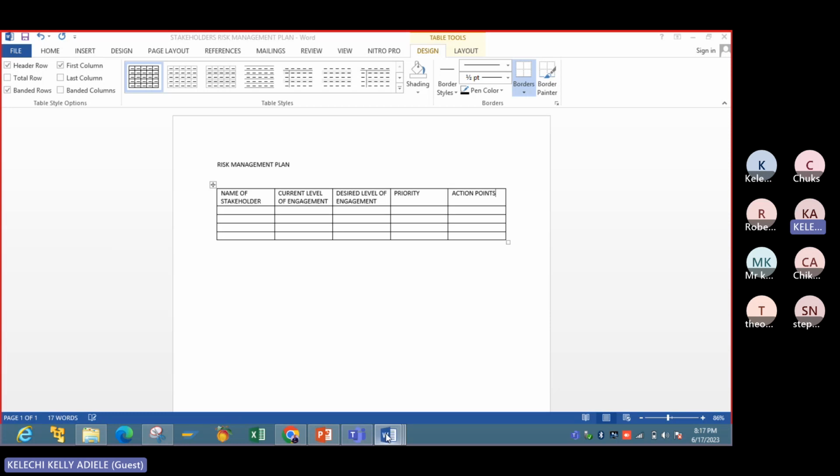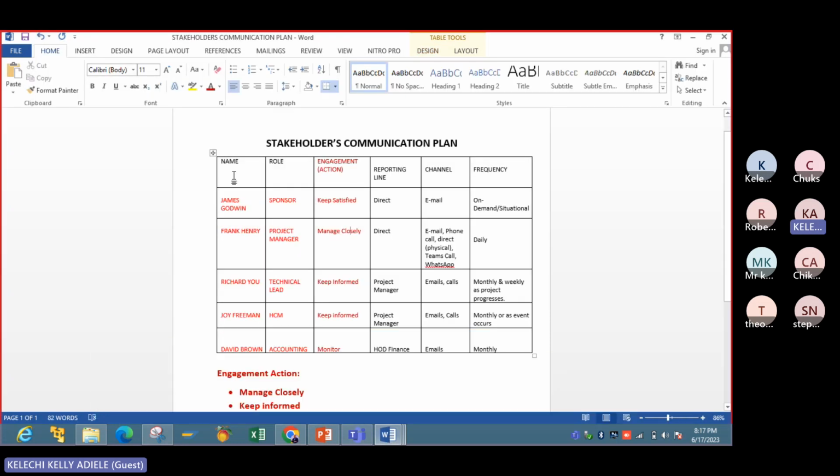So I'm going to copy my stakeholders as usual and their role. I didn't put role, so let me put, okay, there's no need for role here.